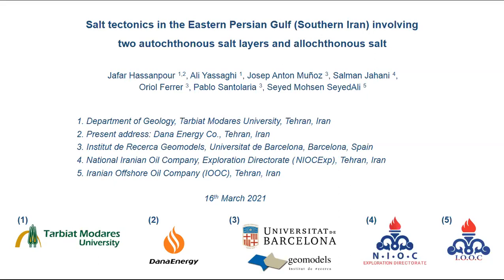Then I will show you a few examples of cross-section restoration along some of these seismic lines, and then I will present two physical models that I have done at the Geomodels Research Institute of the University of Barcelona to understand some aspects of the mechanisms of salt movement and diapirism from both source layers in this part of the basin.